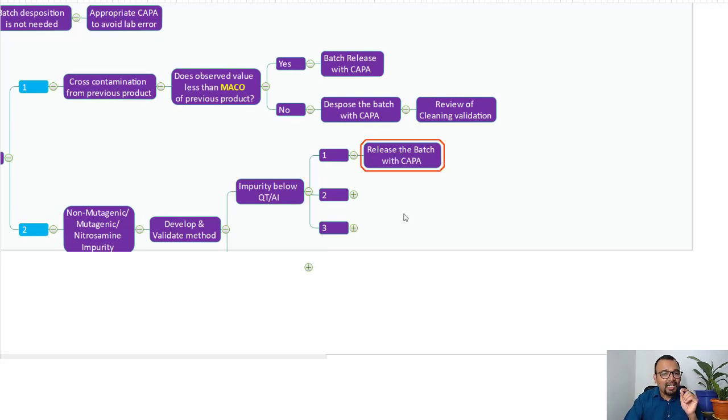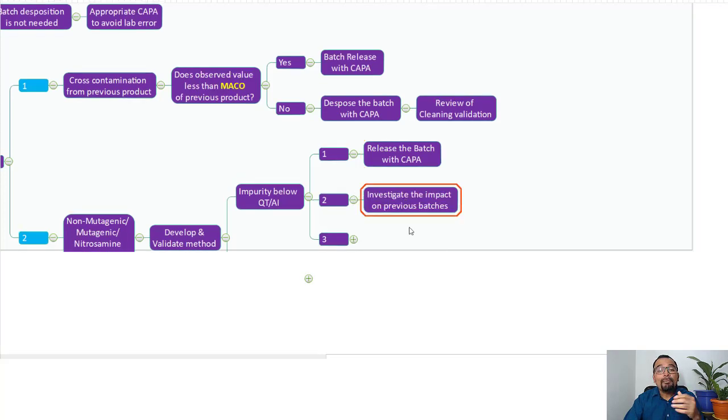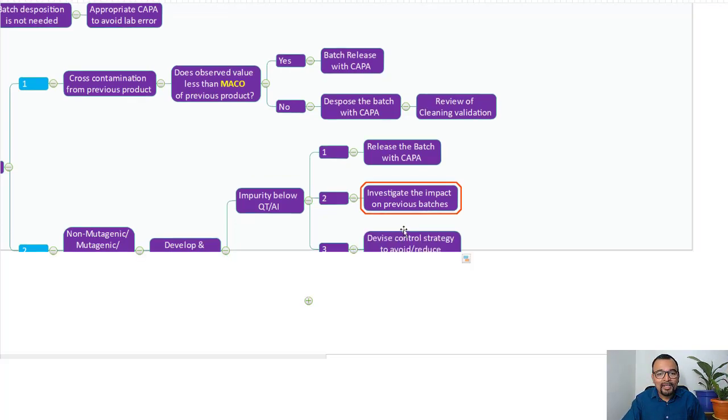You need to give the CAPA for the observed impurities and investigate the impact on previous batches. So it is very important to define the scope of your investigation. You cannot just stop the investigation by releasing the batch, but you also need to investigate what is the response of this so-called extraneous peak, which is now known and identified, in all previous batches. So those details are very, very important.